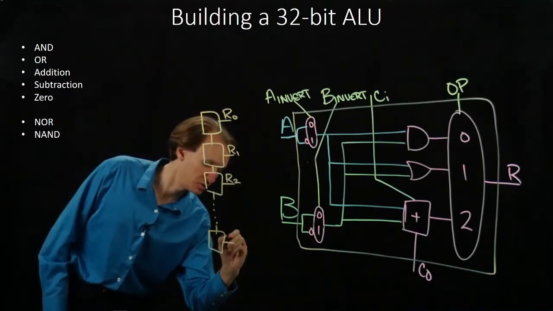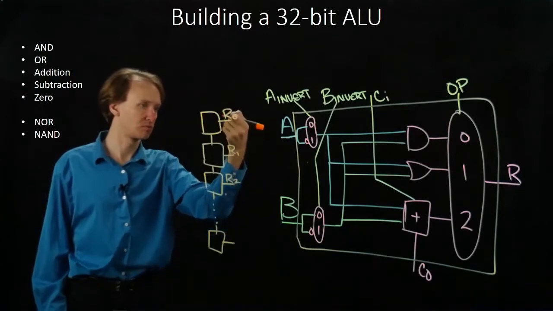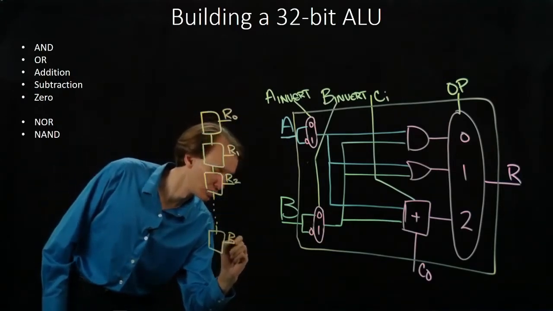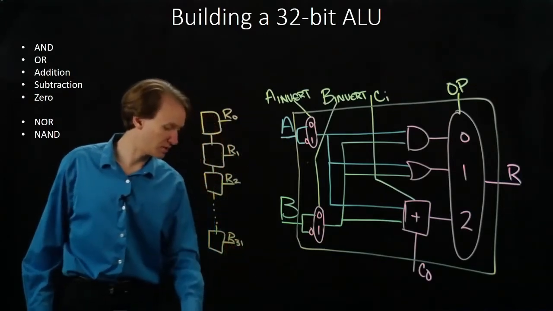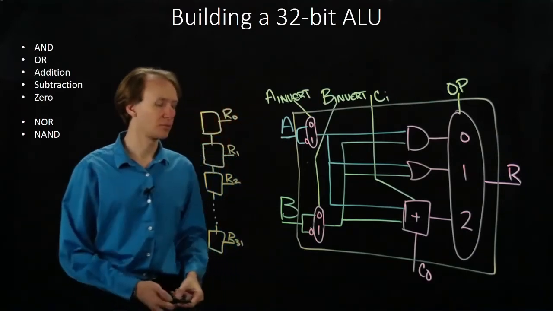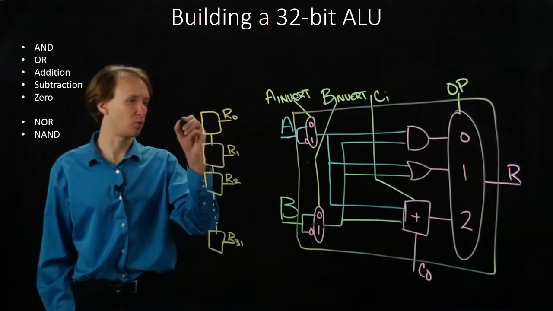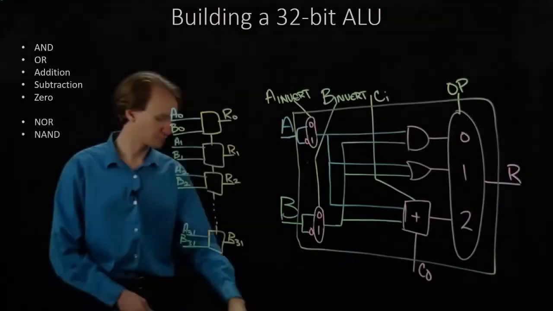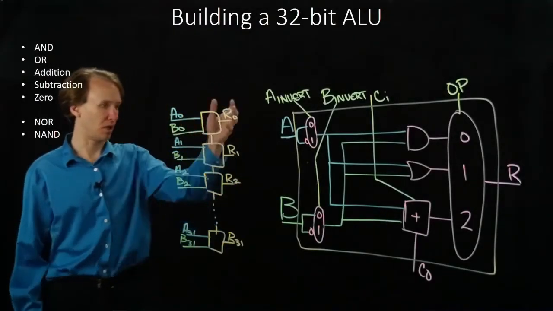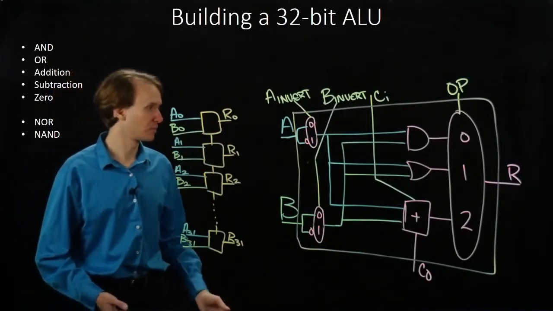So I'd have 32 of them all the way from 0 to 31, each of which is getting a different pair of input bits for A and B and producing a corresponding result bit.